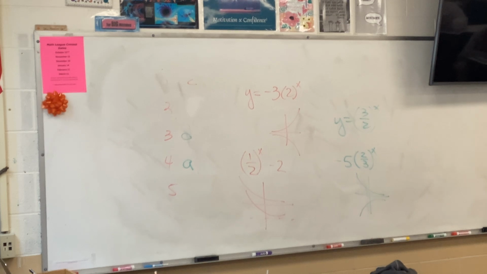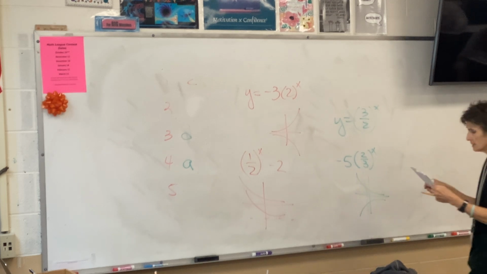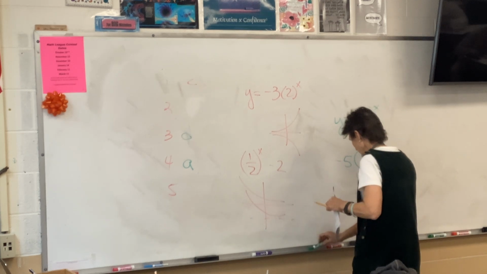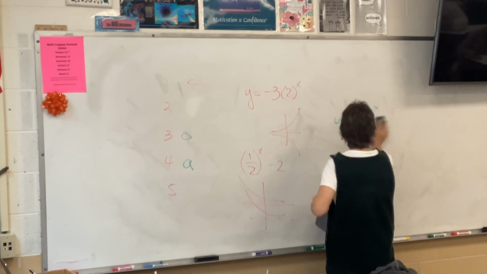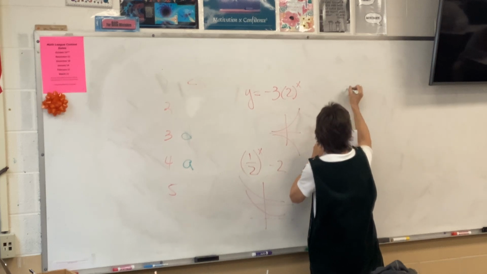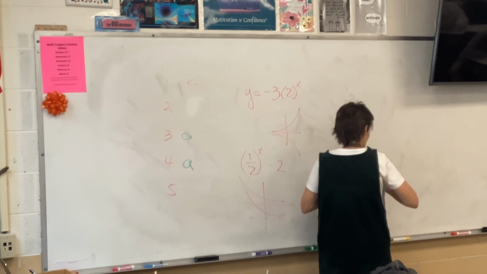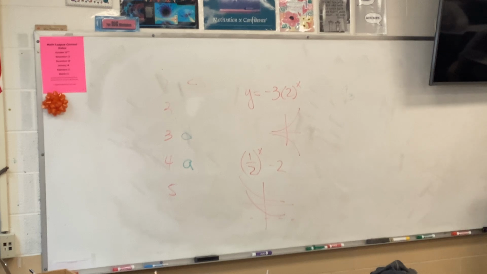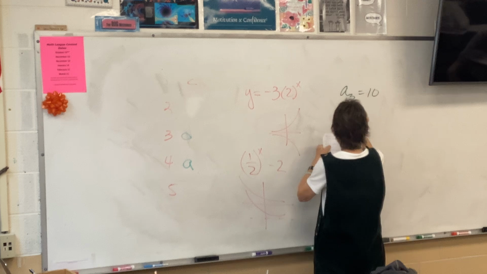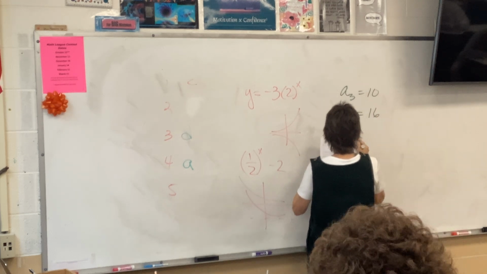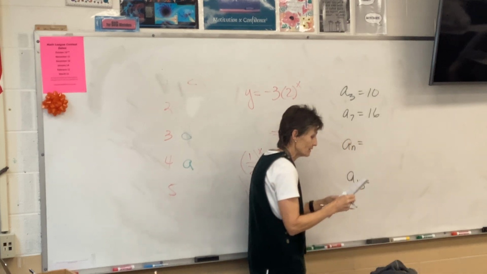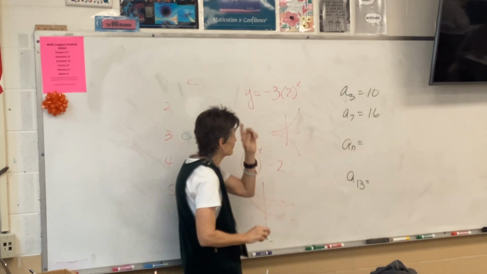All right, sequence problem. Given the third term is 10, and the seventh term is 16. We want to find a formula for the nth term and the 13th term, given that it is arithmetic.